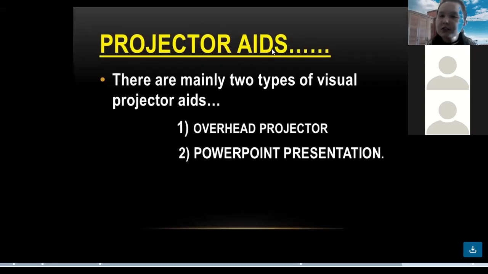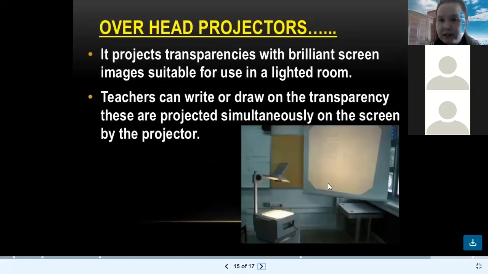Here, there are two types of visual projector aids. The first one is overhead projector, and the second one is PowerPoint presentation. If you look at this picture, is it visible for everyone? Yes, so you can see the picture, and it is overhead projector.